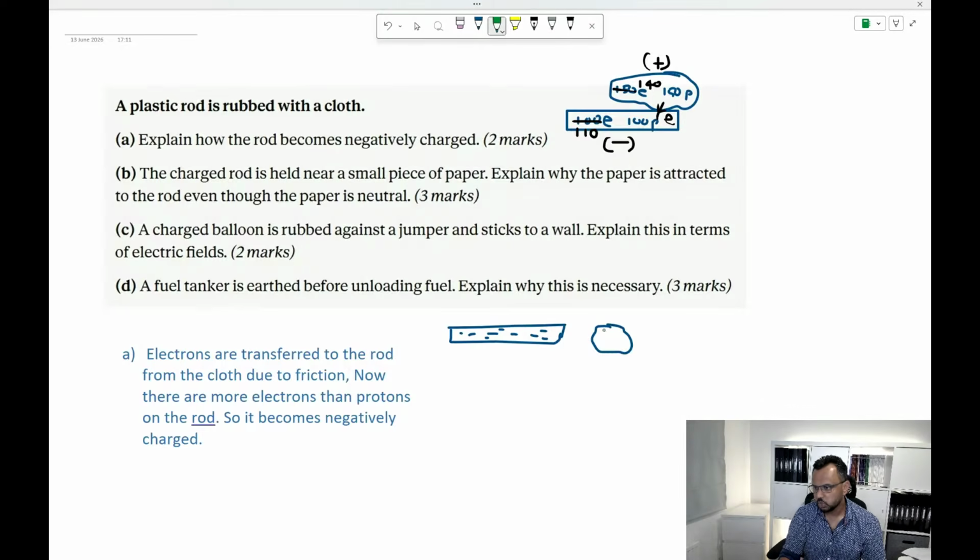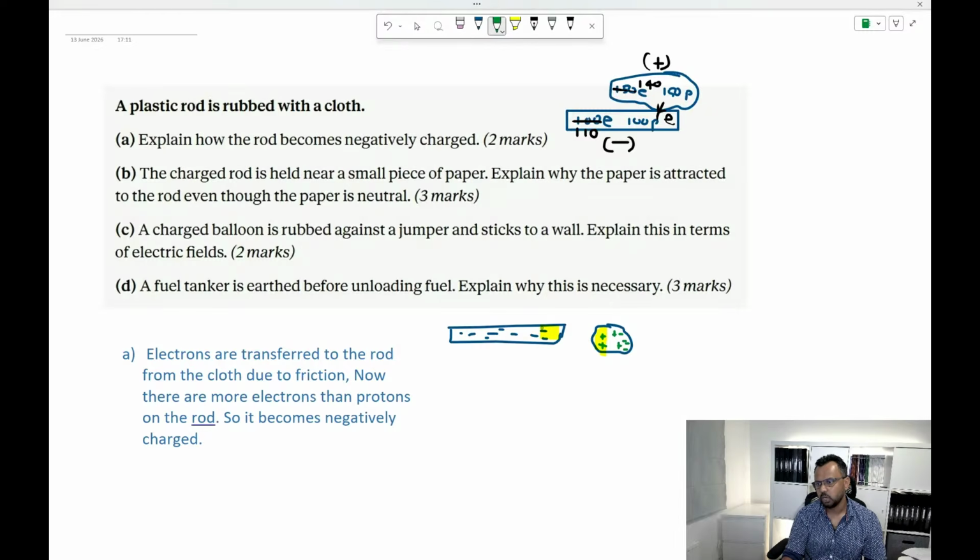Initially, the positive and negative charges were evenly distributed. When you bring a negatively charged rod next to it, some of these negative charges, because negative and negative repel, will move away to the other side, which means the side closer to the negative rod gets a positive charge.